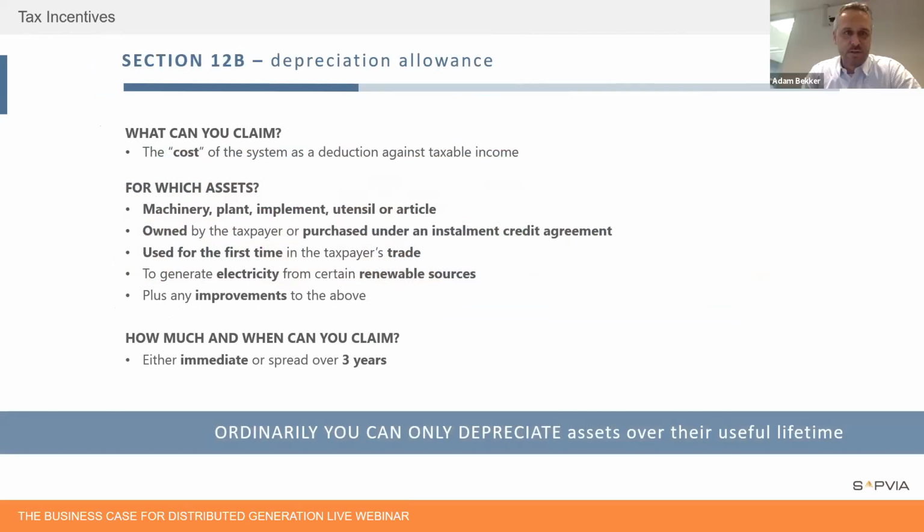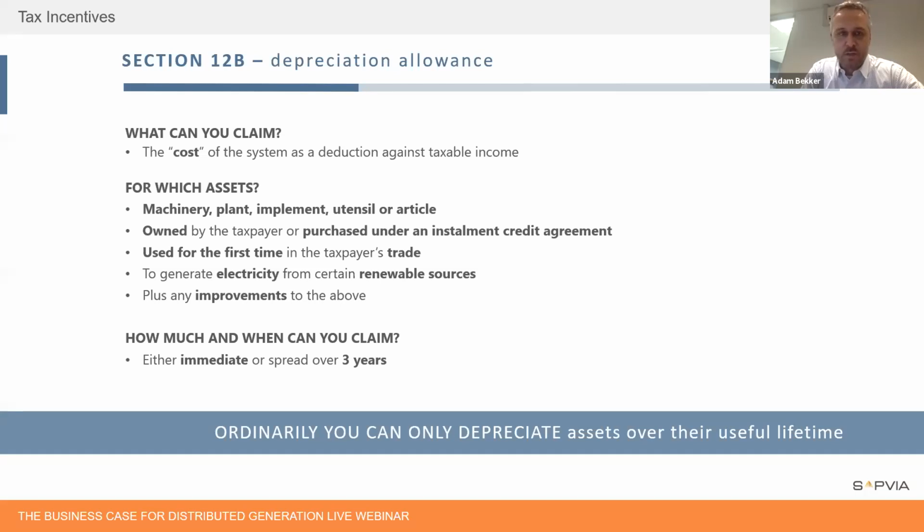So starting with the one that's probably the most common or well known, Section 12B, the depreciation allowance. Generally what 12B allows is a deduction for the cost of equipment that you've installed to use in your business in generating electricity from renewable resources.